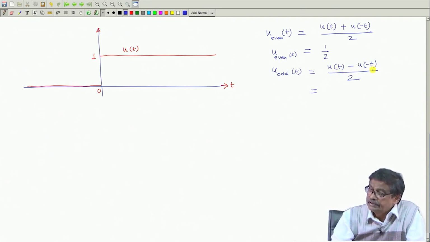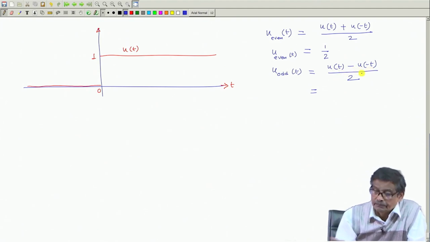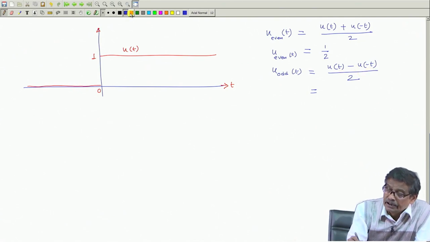For t greater than 0 it will be plus half, and for t less than 0 it will be minus half.